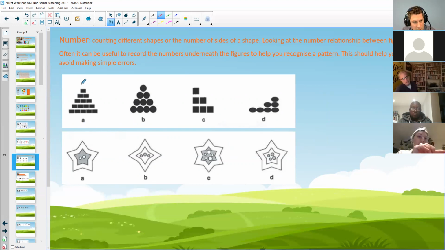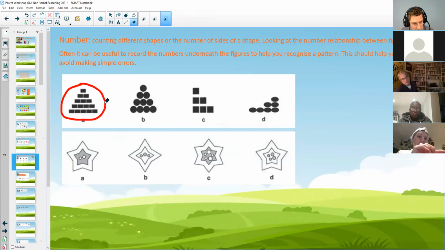When you're given a number of objects like this, a child would not be expected to count them all up, and the reason being, there are a lot of them. Now, you can imagine with most non-verbal reasoning questions, children are expected to do them in, say, 20 seconds or so. So the expectation here wouldn't be to count every single one up.